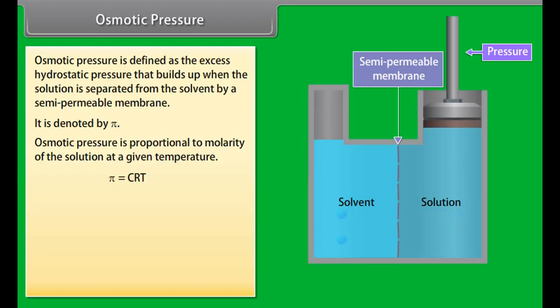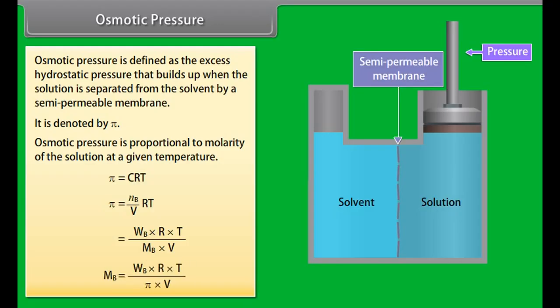Putting the value of C in the equation, we get pi is equal to WB into R into T divided by MB into V. We calculate the value of MB as WB into R into T divided by pi into V.